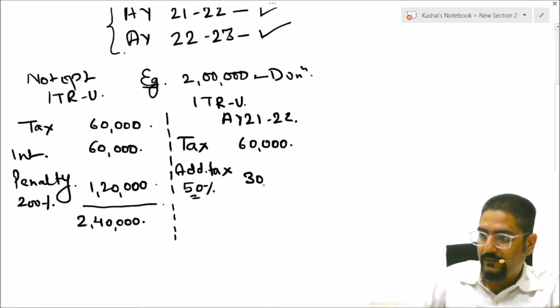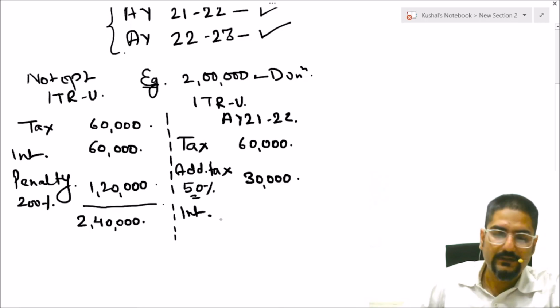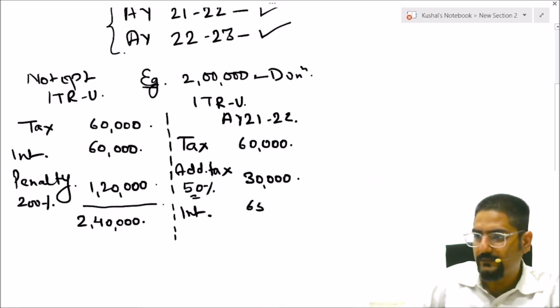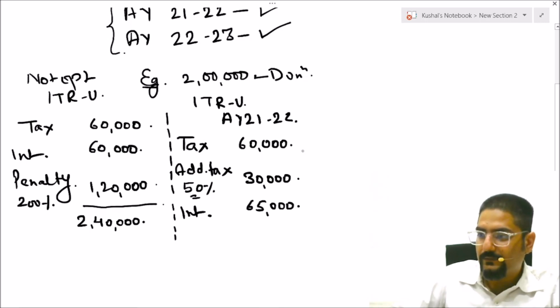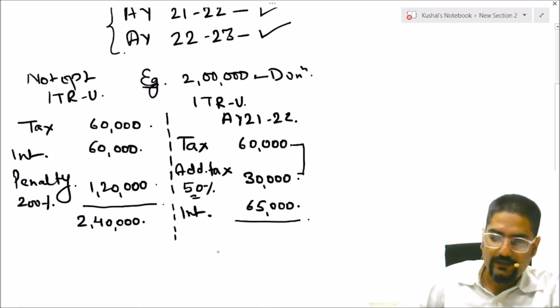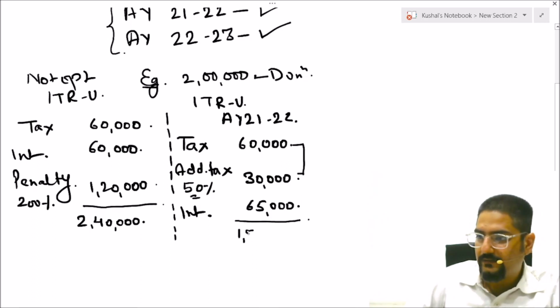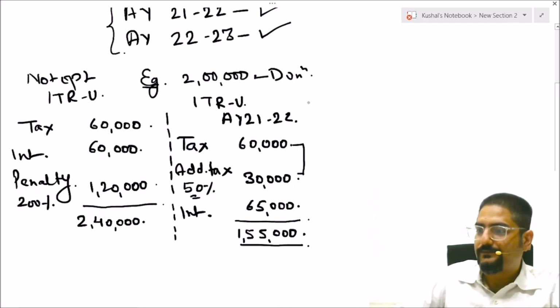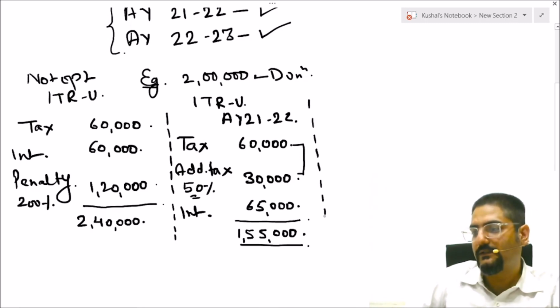So this tax would be approximately 30,000, and in this case interest under section 234B and C would be approximately 65,000, because you have to pay interest on these two taxes, right? So here your total outgo would come to 1,55,000 approximately, right?